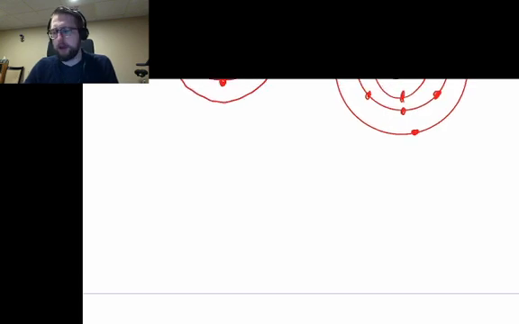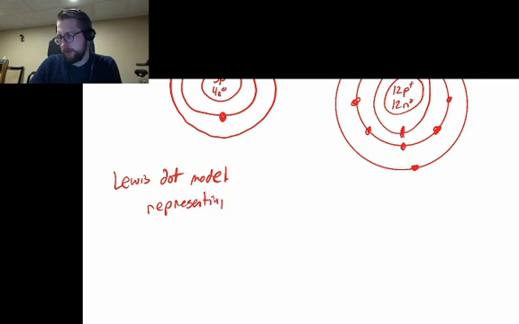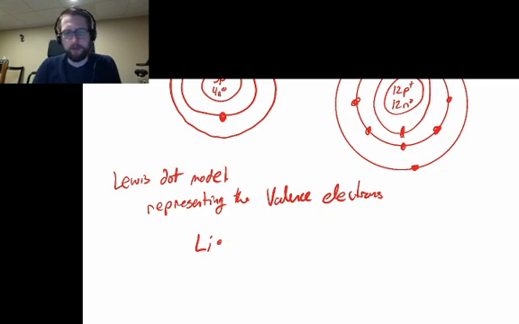One other thing that we did was the Lewis dot model. For the Lewis dot, we are representing only the valence electrons. So for lithium, we would just go lithium dot.